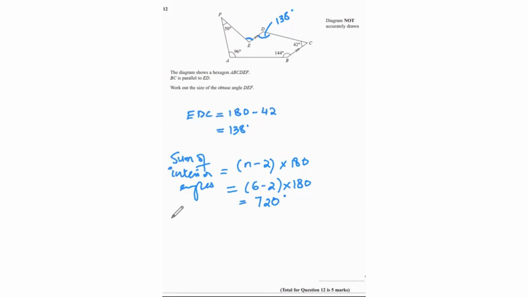So angle FED is going to be 720 minus 50 minus 96 minus 144 minus 42 and then minus 138. That is going to give us 250 degrees. So this entire angle is 250.